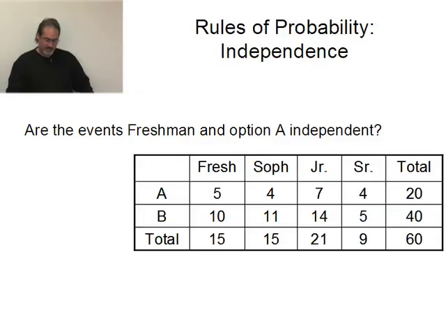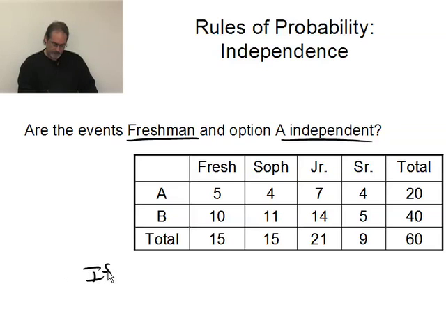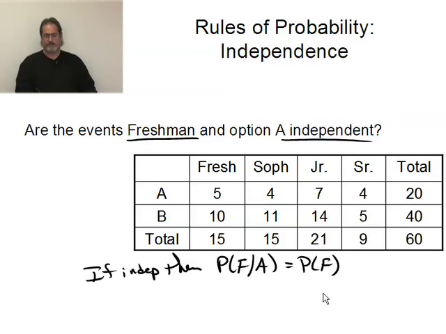All right, here's the same situation, same data. Are the events freshman and option A independent? Okay, well, if independent, then the probability of a freshman given A will equal the probability of a freshman.